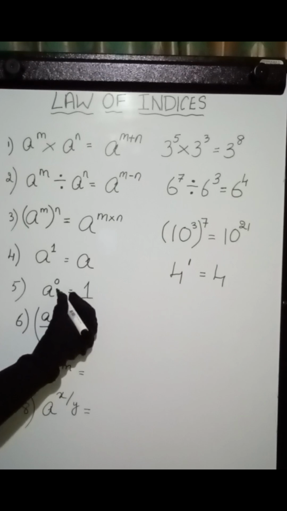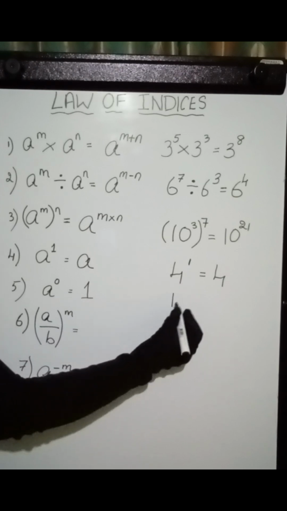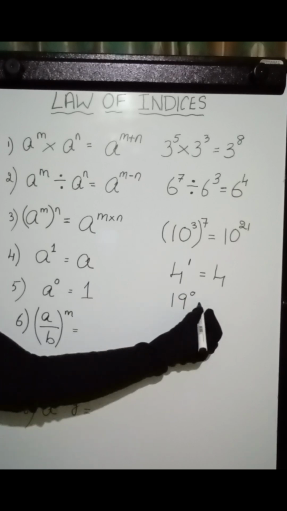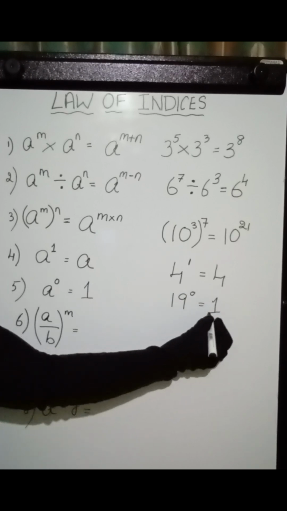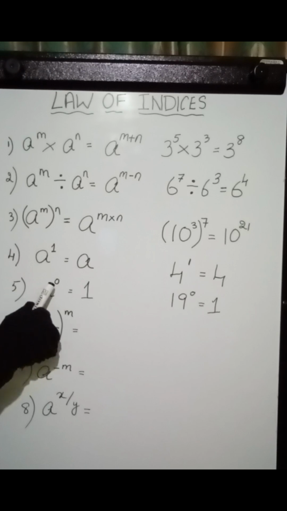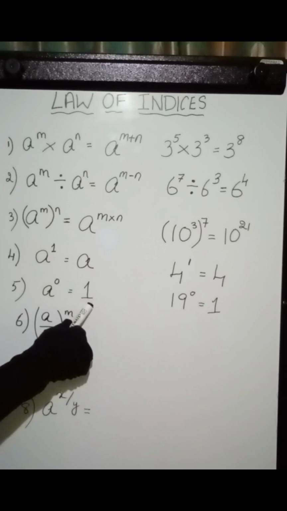When it is to the power of 0, this will be equivalent to 1. For example, 19 to the power of 0 will always be equal to 1. No matter whether the number is positive or negative, whenever it is to the power of 0, this will always be equal to 1.